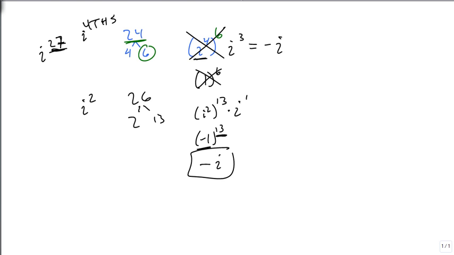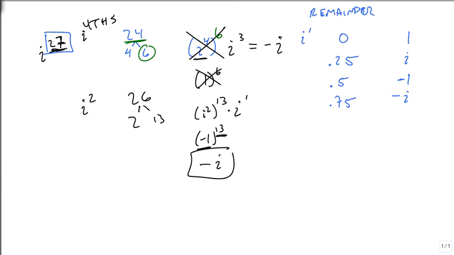The last method, the one I prefer, is I just take the power and I compare it to the following. So this is the remainder. If there's no remainder, then it's 1. If there's a 0.25, it's an i. If it's a 0.5, it's a minus 1. And if it's a 0.75, it's a minus i.